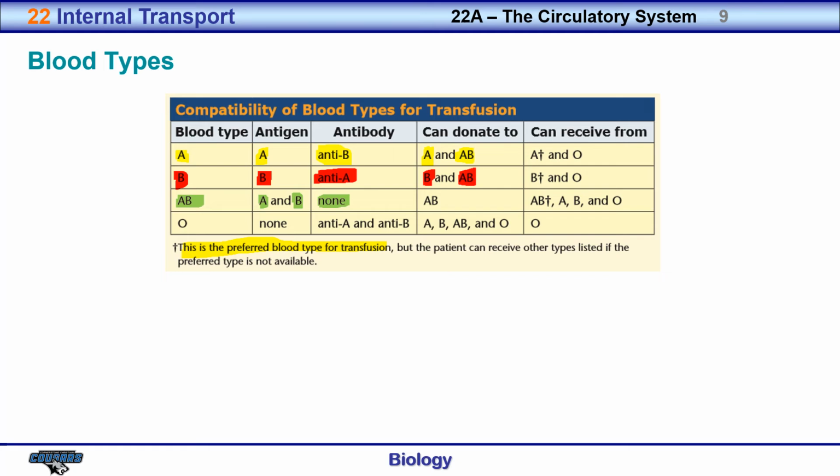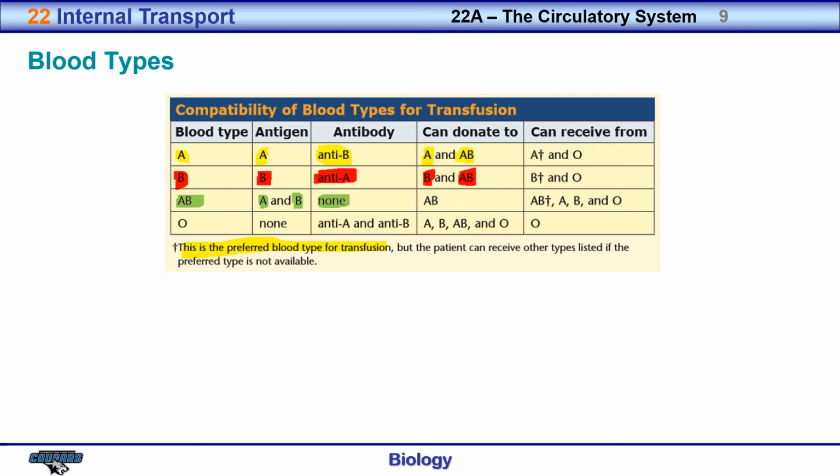AB. I can't donate it to A because a person with A blood has anti-B antibodies, and that would be a bad thing because I have B antigens. Blood type B couldn't receive it either because they have anti-A's, and I have A antigens. So only AB can donate to AB.